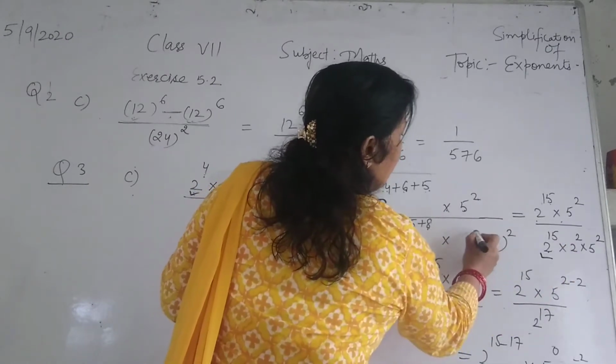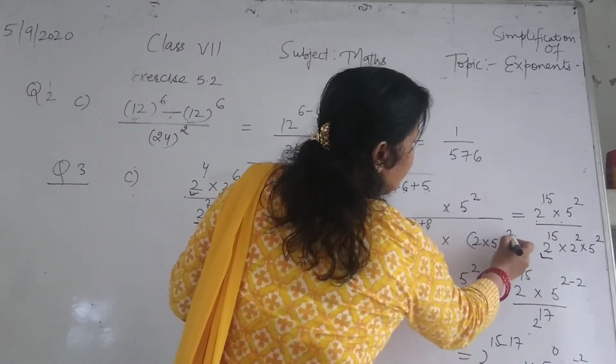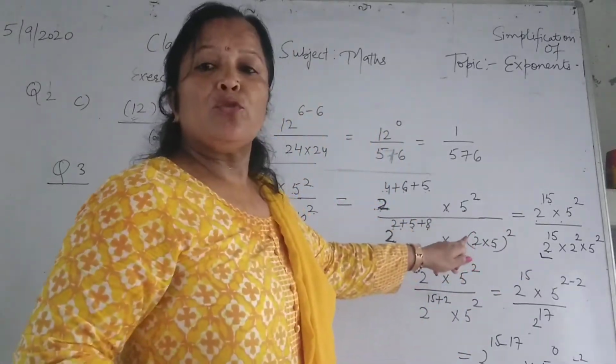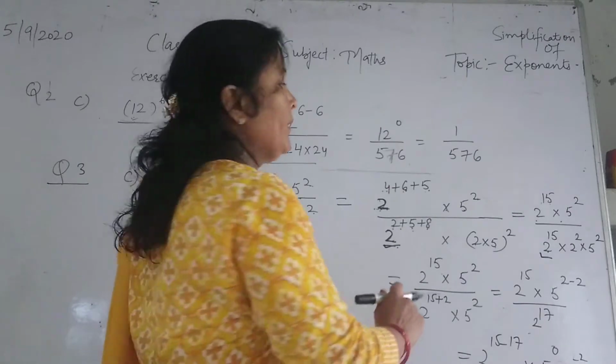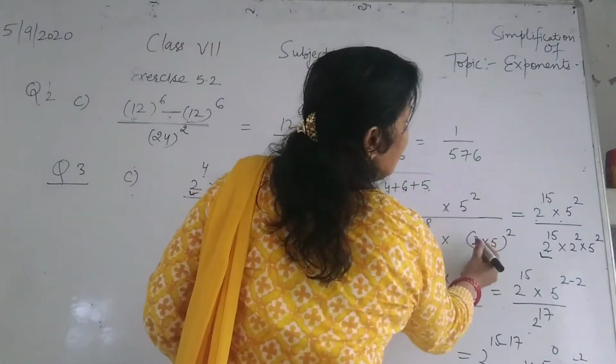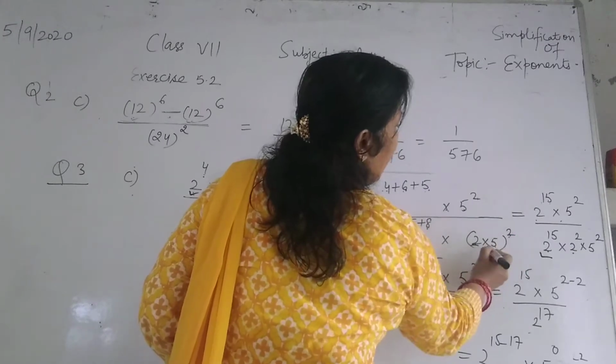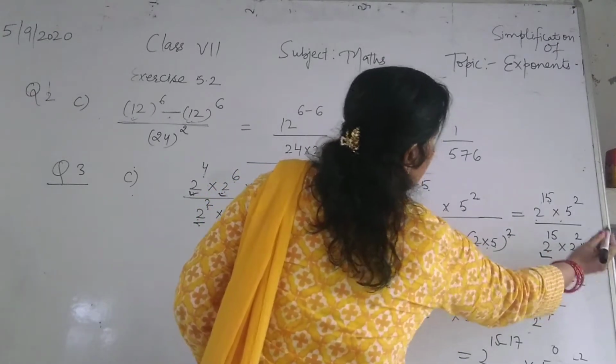Then here it is 2 into 5 square. When power is common, it can be taken separately. 2 raised to power 2 I have separated, and into 5 raised to power 2.